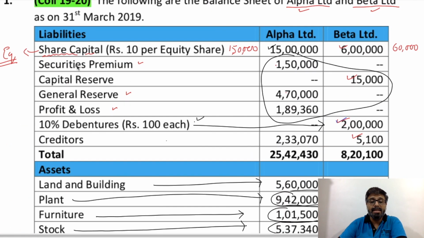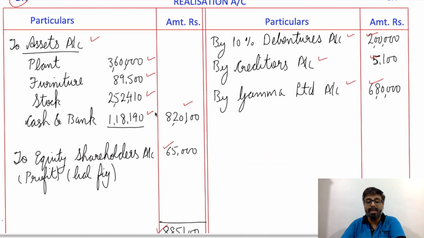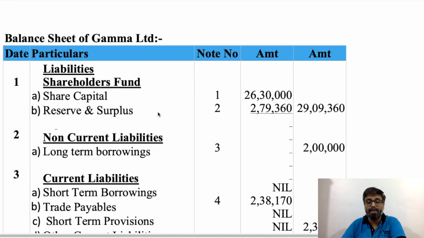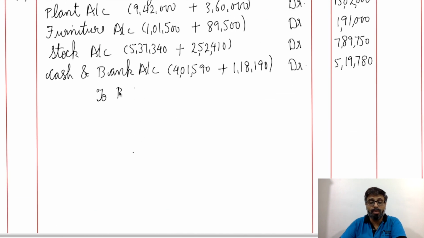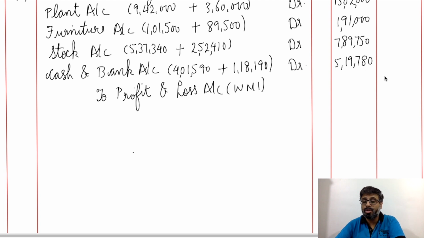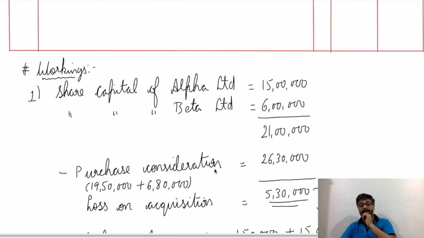Now liabilities, security premium will not come, capital reserve will not come, general reserve will not come. Only P&L account will come as per the working note done, with 294,360. So to profit and loss account, 294,360 from working note 1. Now question is why general reserve, capital reserve, security premium will not come?